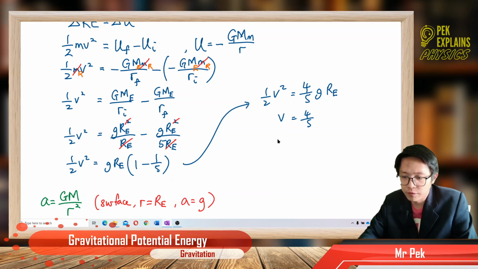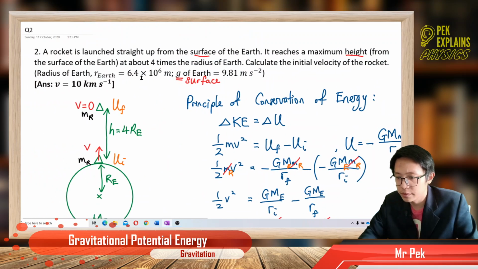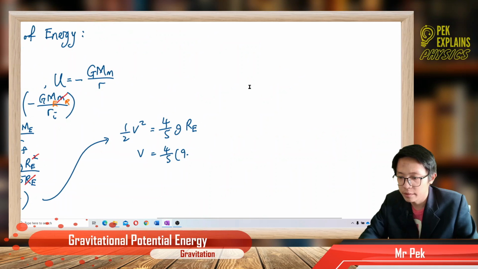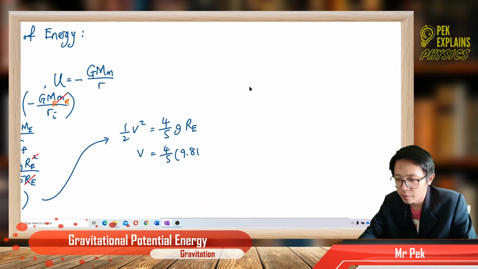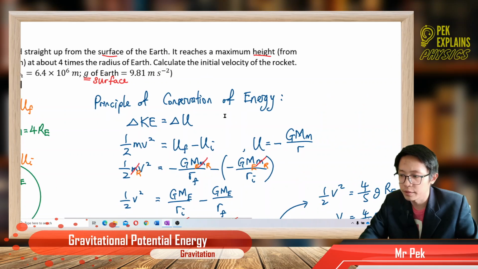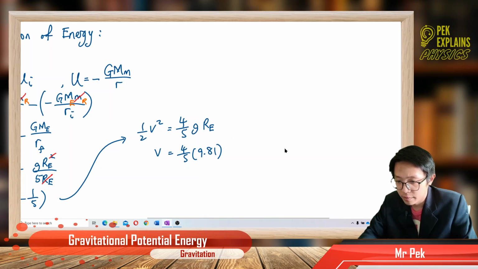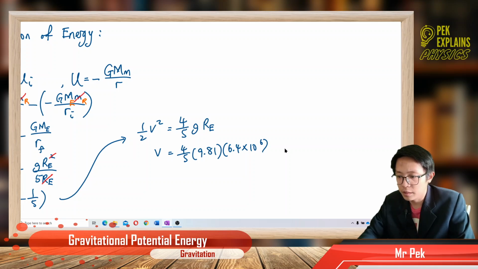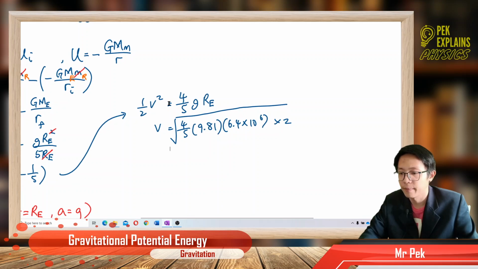Given g is 9.81 and the radius of Earth is 6.4 times 10 to the power 6, multiply by 2 because of the half, and then square root the whole thing because of the square here.